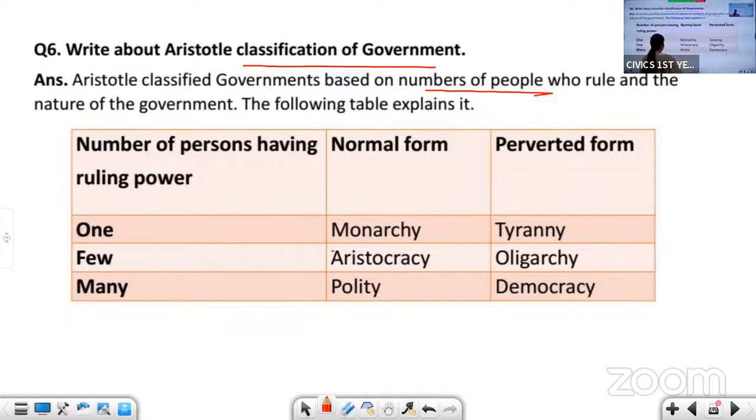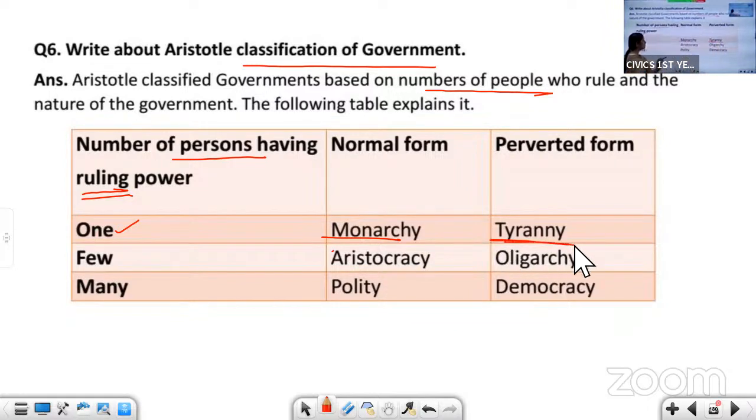Did you understand this classification of government done by Aristotle? He has done it on the basis of the number of people who have ruling power. If there is one ruler, then it is monarchy. If he is working for the welfare of the people and his intentions are good, it is monarchy, but if he is more concerned about his own power, then it is tyranny.